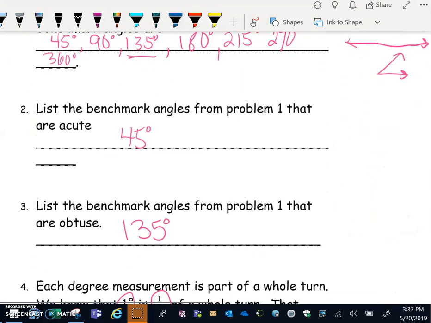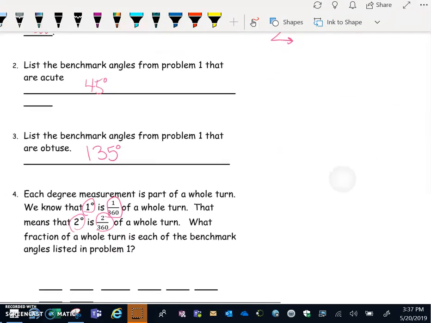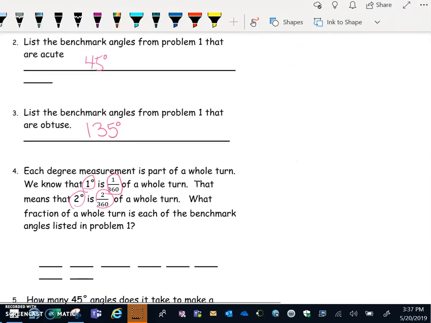So we're supposed to use our benchmark angles above to write a fraction. Our first benchmark angle was 45 out of 360. Our next one was 90 out of 360.